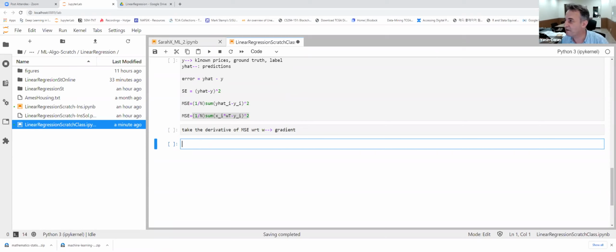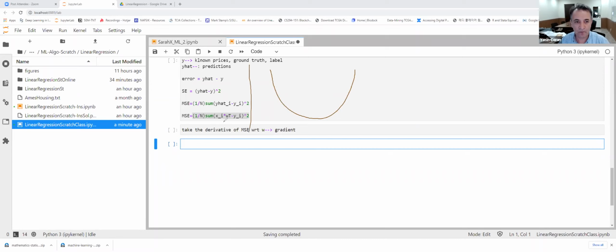Can you draw this graph? I'll try to draw it. Normally I use my iPad, but let's see. Something like this. Can you see it? So this is your mean squared error.